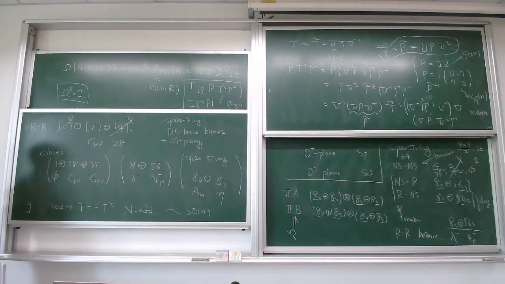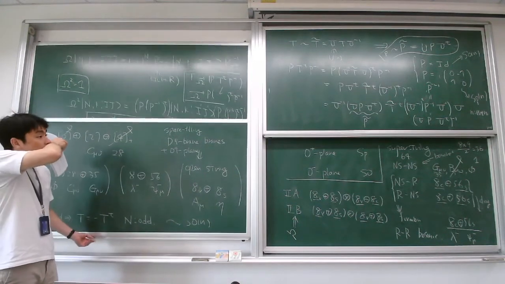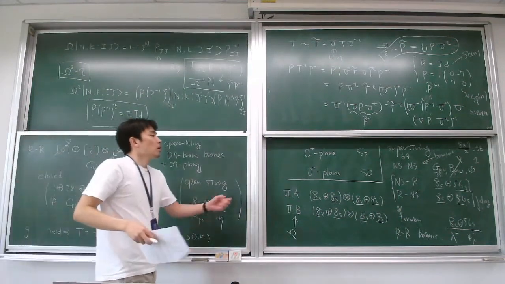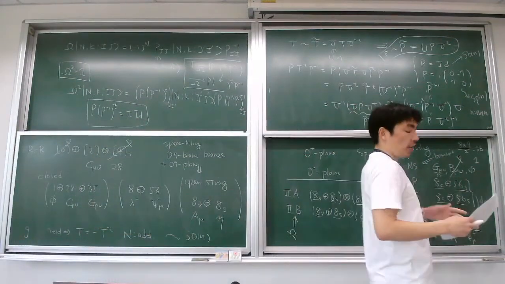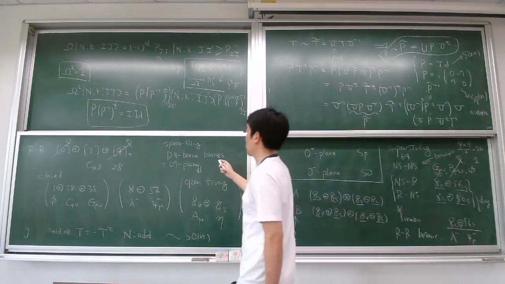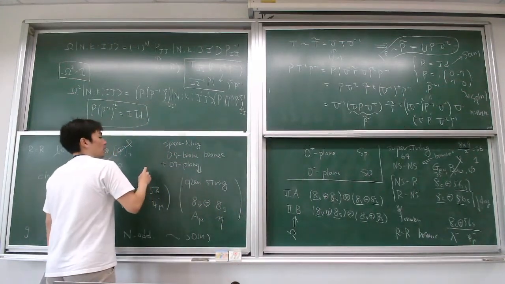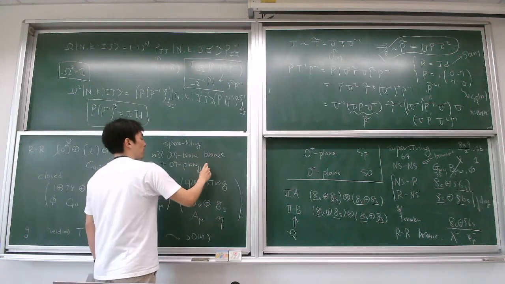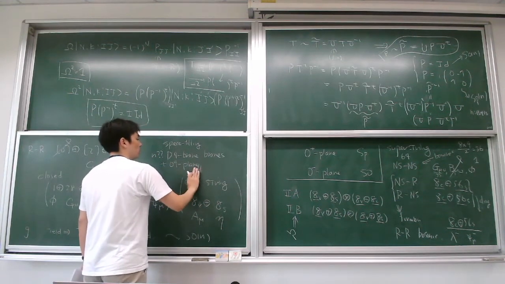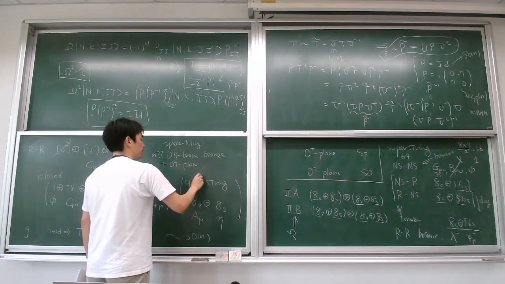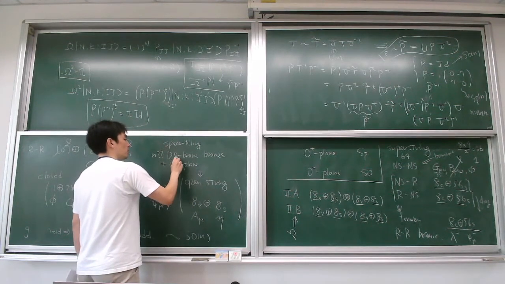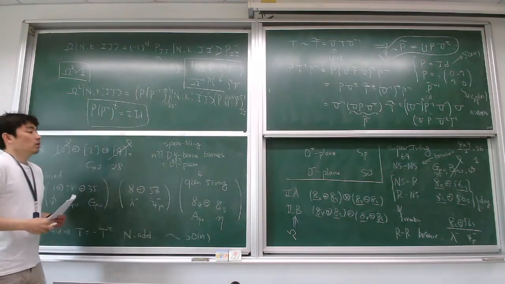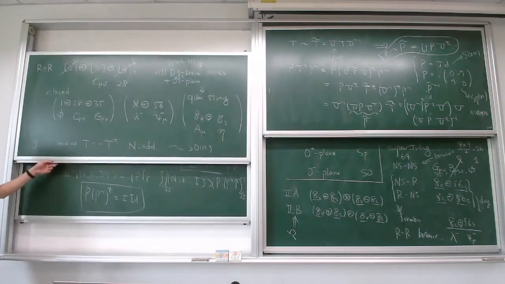And the question is which one we should include, and how many D9 branes. So how many D9 branes, or O plus or minus? That's a question one can ask.